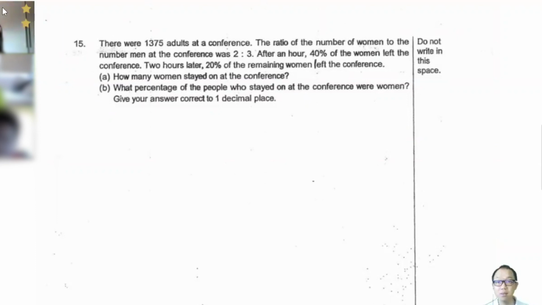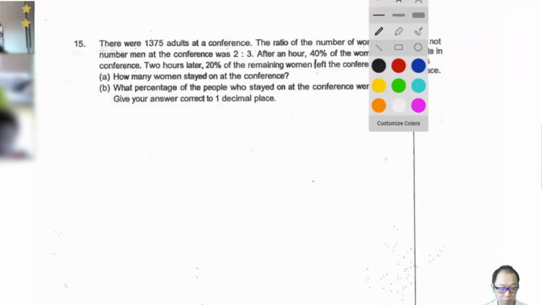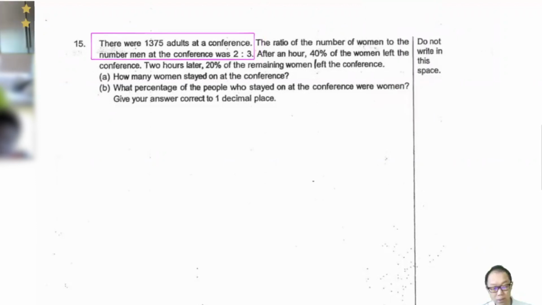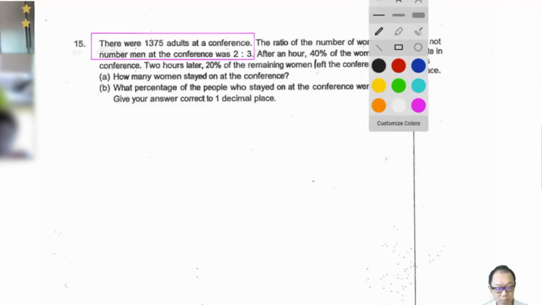Now what I like to do is break it up into different parts. For the first part, I'm going to use a box. Let's draw the ratio 2 to 3 first. How many women? How many men?